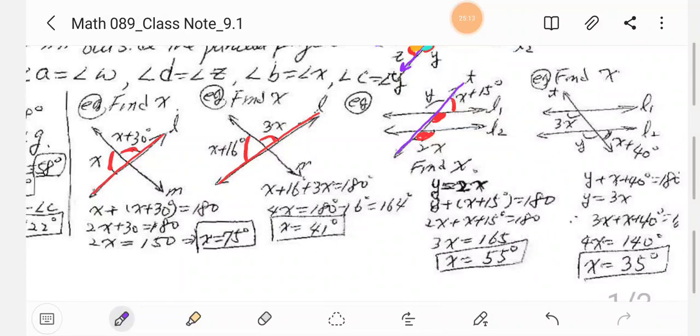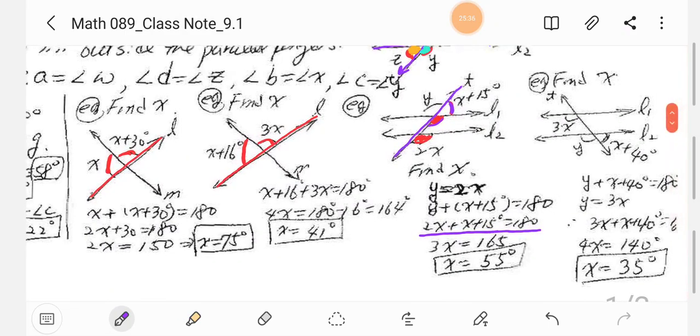Since this is a transversal, the sum of this angle and this angle will make 180 because it's a straight line, right? So the red angle is 2x, so the sum of 2x and x plus 15 will make 180. So from here we can find x.